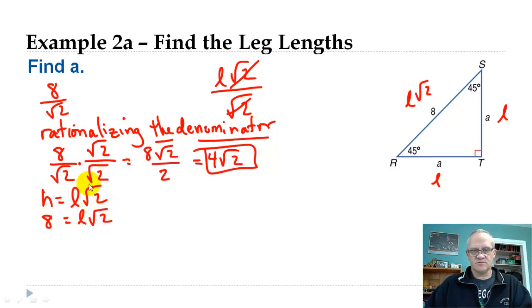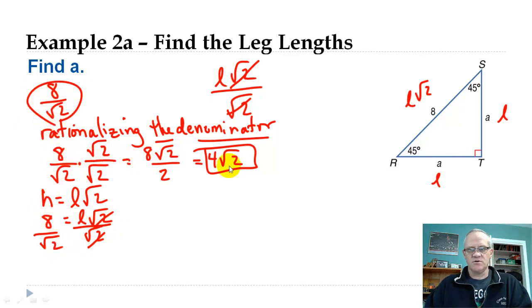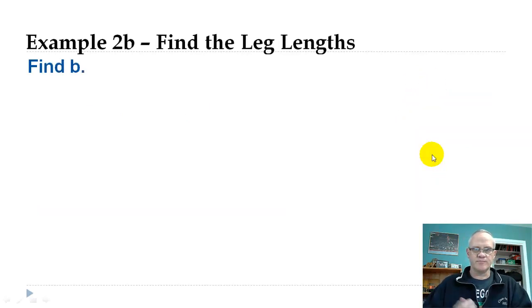To solve this equation, I divide by the square root of 2, and that's exactly what we just did up here. 8 divided by the square root of 2, and then you go through all that same stuff. So if you know the leg, multiply it by the square root of 2 to get the hypotenuse. If you know the hypotenuse, divide it by the square root of 2 to get the leg.